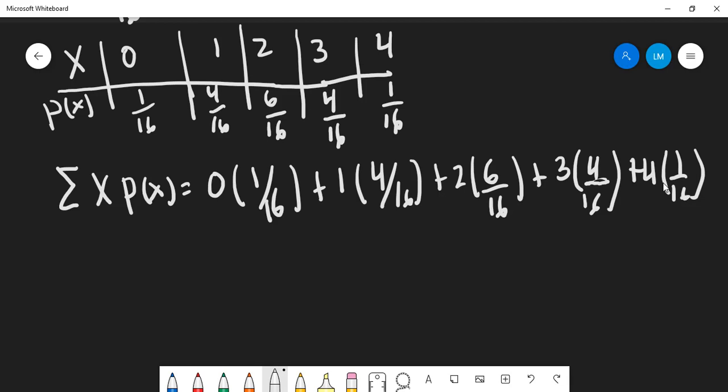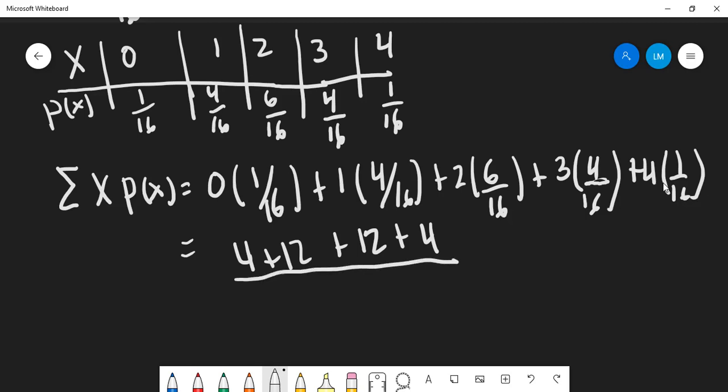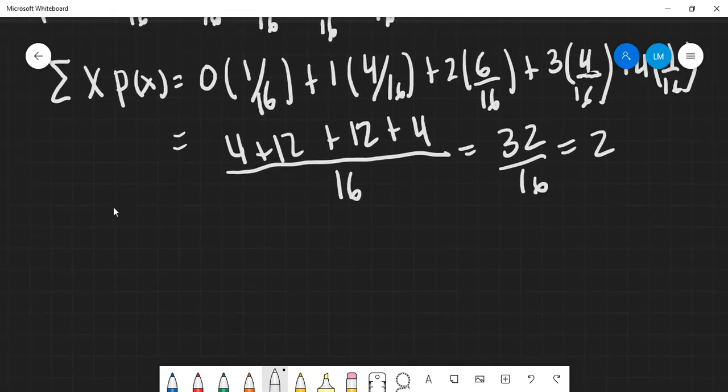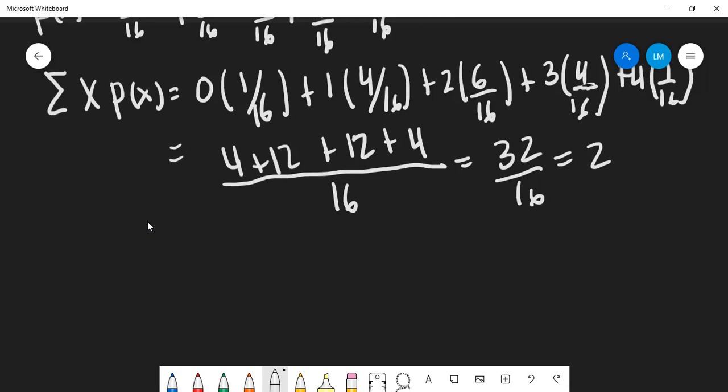Now when we add this up, this is going to be 4 plus 12 plus 12 plus 4, all divided by 16. Now this is going to be 32 out of 16, but that's just equal to 2. So we figured out that the expected number of girls in the family is just 2.